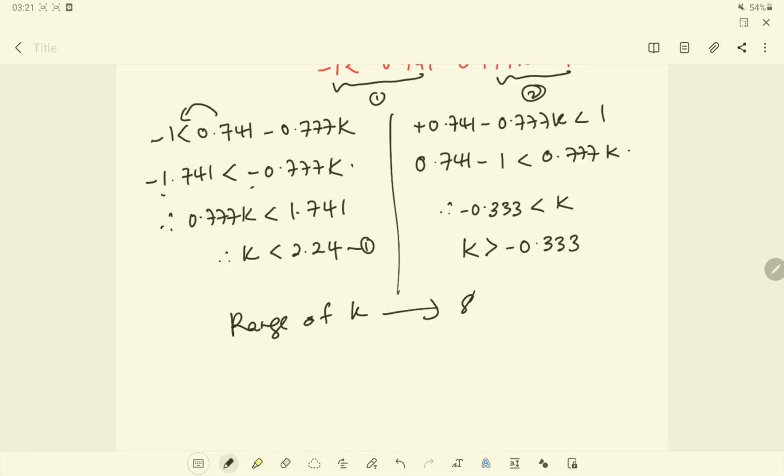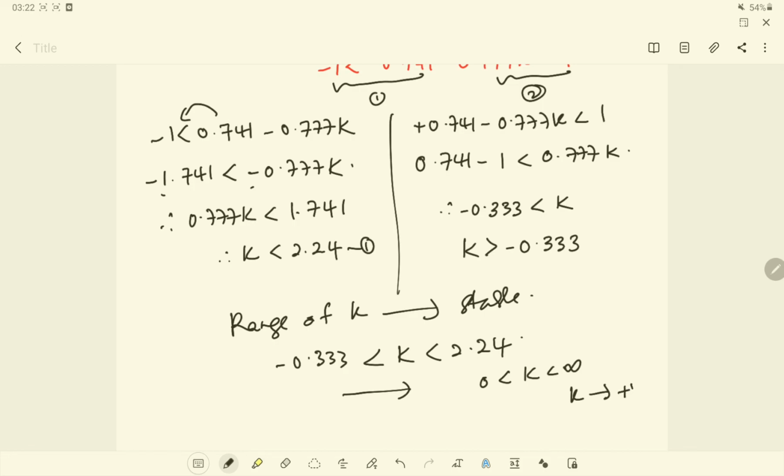So the range of K in order to make the system stable, we have to choose K less than 2.24 but greater than negative 0.333. However, please bear in mind that the range of K must be within 0 to infinity. So it means that K must be a positive value.